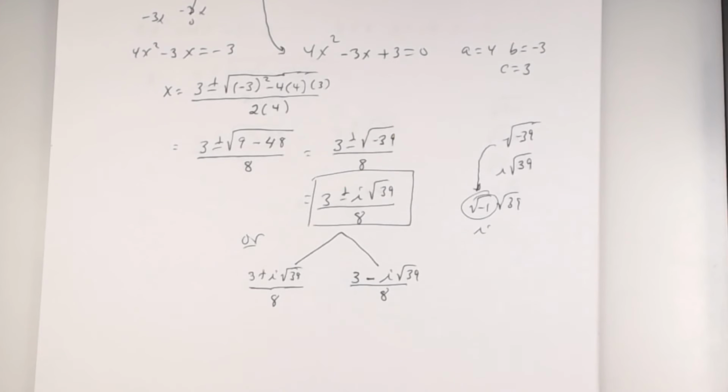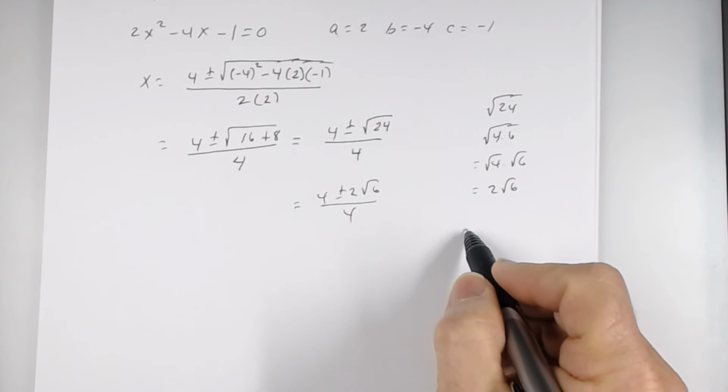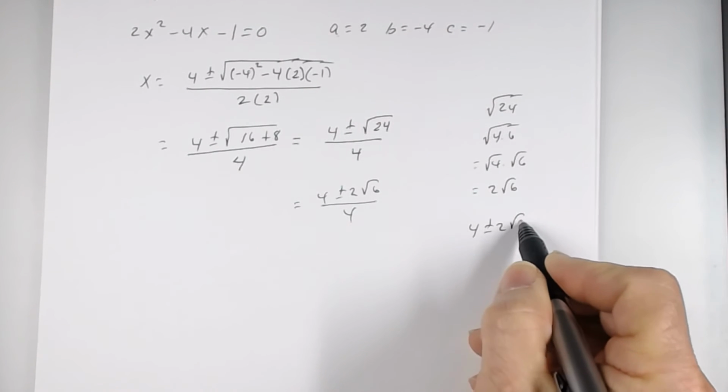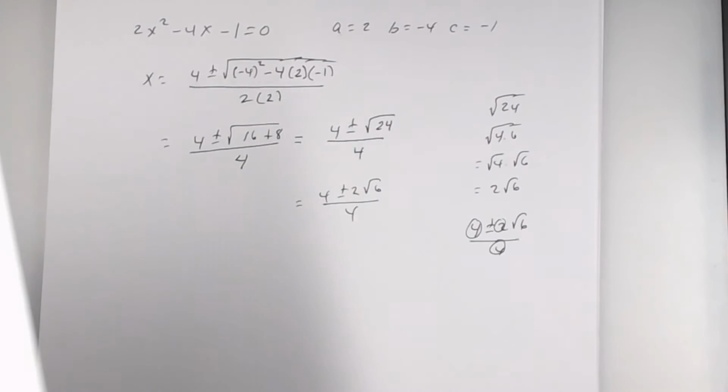Now look at number 2. I'm going to rewrite it, and circle these, the 4, the 2, and the 4. What factor do 4, 2, and 4 have in common? 2.